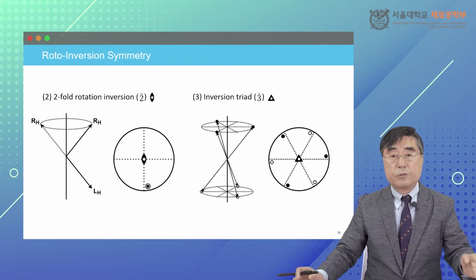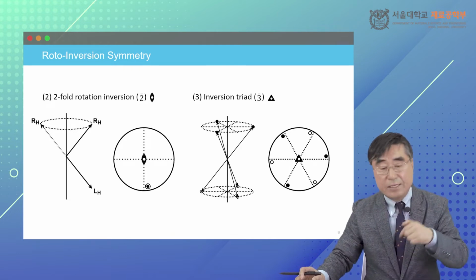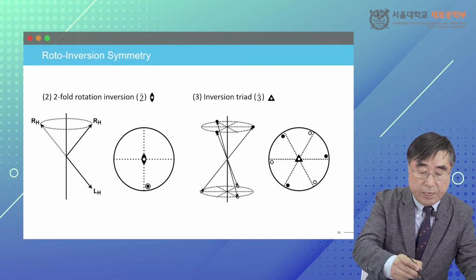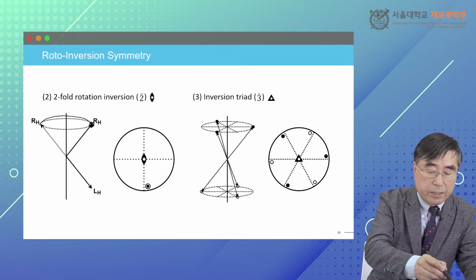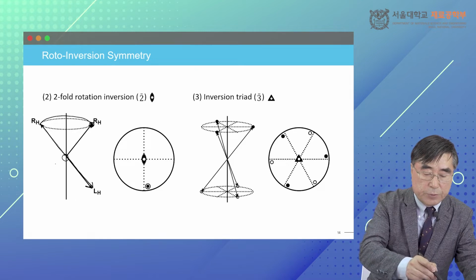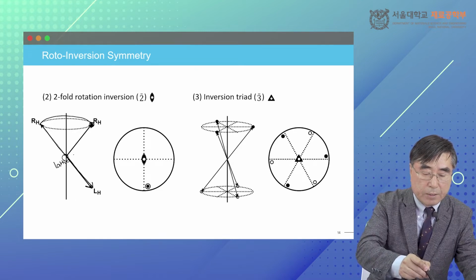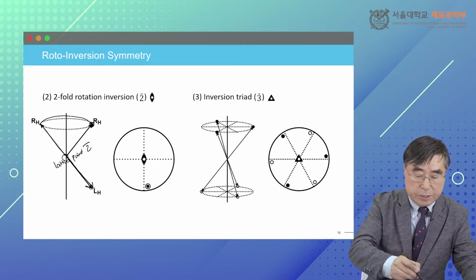Two bar is 180 degree rotation and inversion. Okay, so if I have one pole right hand in here, I have 180 degree operation and inversion. Okay, so this is where the lattice point locates. This is two bar, two-fold, and inversion. Okay, so this is left hand.